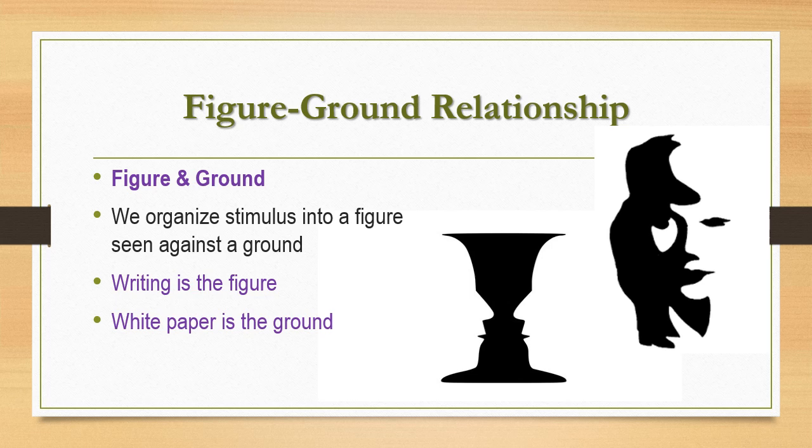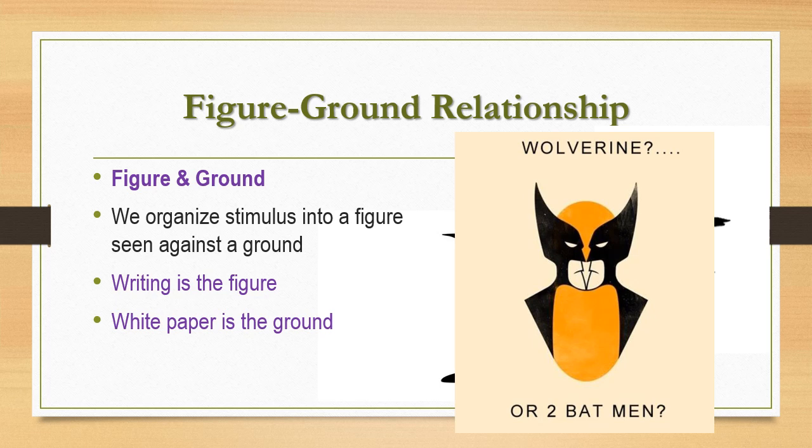Do you see a face or a vase? And do you see a woman's face or do you see a person playing the saxophone in the second one? Sometimes you have to go back and forth, looking at the white, looking at the black. Here's another example. Do you see Wolverine or do you see two Batmen?